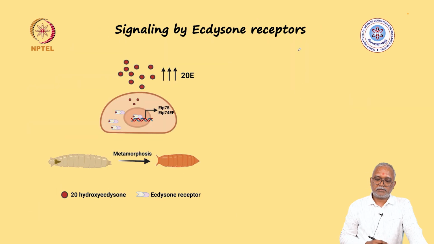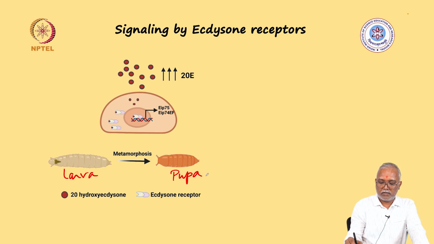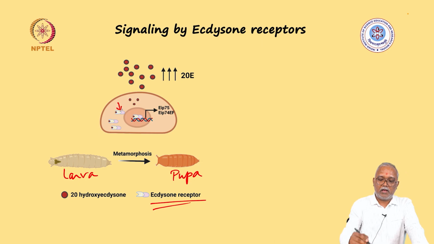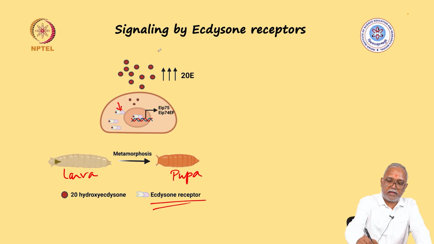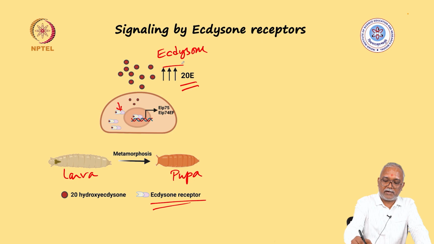So this is what happens, the example shown here: this is your larva and this is your pupa. This is the ecdysone receptor which is present in the cytosol, and these are ecdysone molecules. It's written 20E, meaning this is the active form of ecdysone, and these arrows suggest that the level is high.